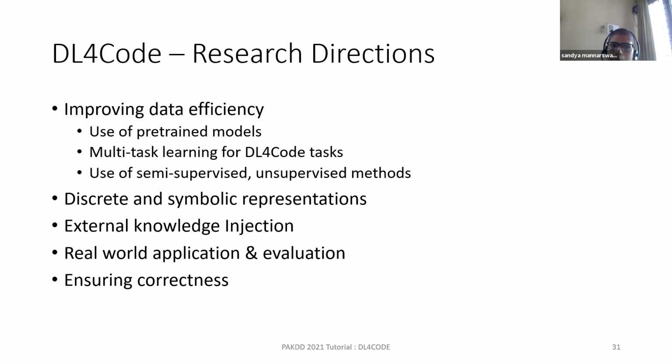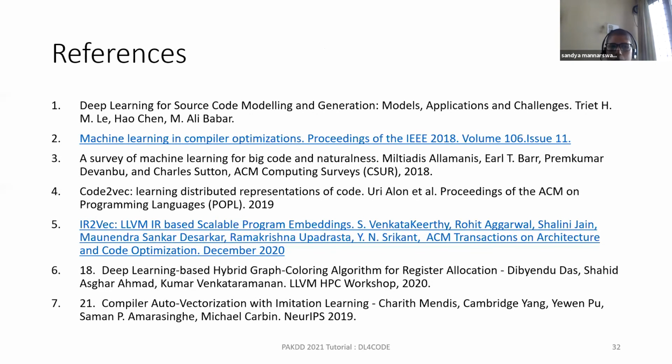To conclude, there's a bunch of references. There's an excellent survey on source code modeling, which is the first reference mentioned in this slide deck. That would be very useful if you're just getting started in this area. There is a survey, reference 3, which talks about how big code and naturalness are relevant factors for machine learning techniques.